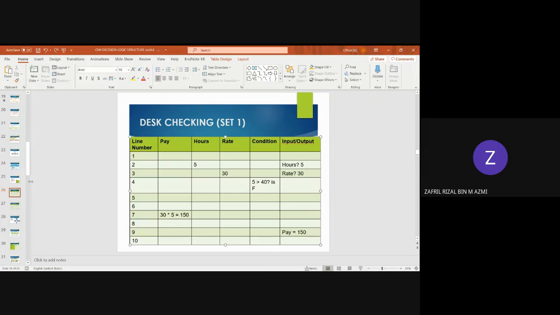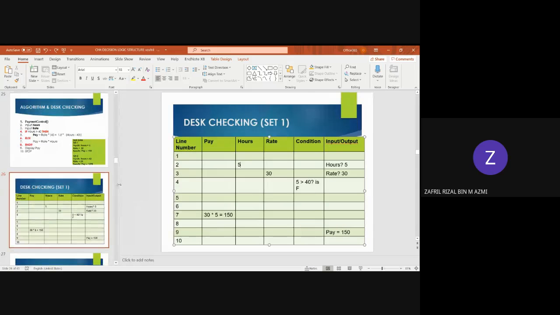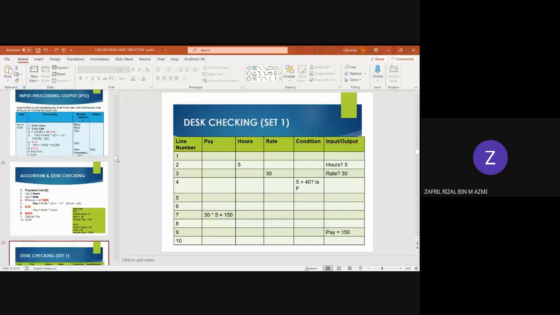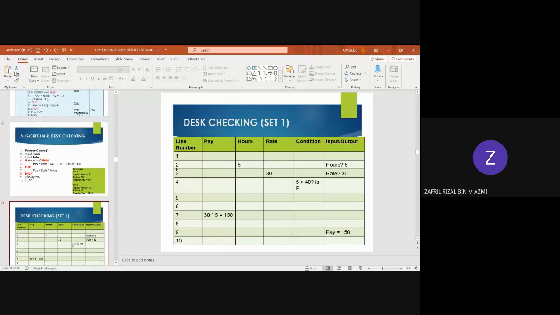Similar to the sequential logic structure, over here make sure the line numbers inside the desk check table are similar to the ones from the algorithm. For example, if in line 2 there's an input hours, make sure line number 2 is where you put the value for variable hours.